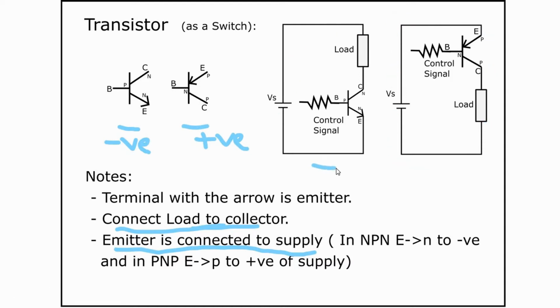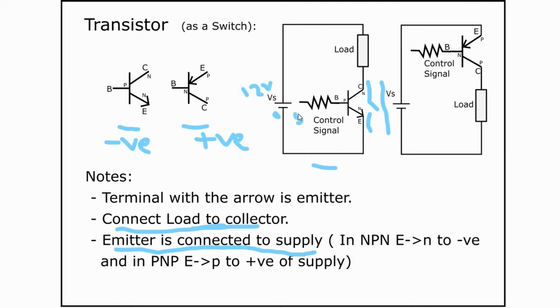Now let's understand how this circuit works. This transistor will work either as an open switch or a closed switch. It depends upon the supply that is given to the base of the transistor. Now let's assume that our supply voltage is 12 volts and this is at 0 volts. Now let's assume that the base supply is going to come from a microcontroller or a digital circuit which is 3.3 or 5 volts.